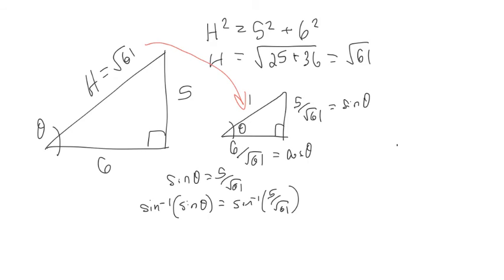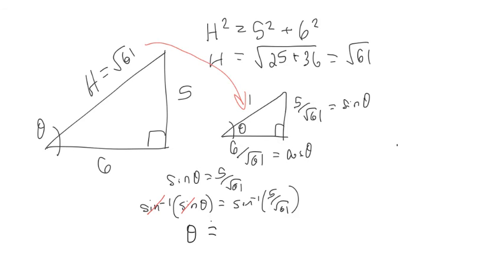Okay, on the left-hand side, this works out really nicely because sine minus 1 undoes sine, so those two neutralize each other. So all that I'm left with on the left-hand side is theta. On the right-hand side, I have to take out my calculator and do the operation.